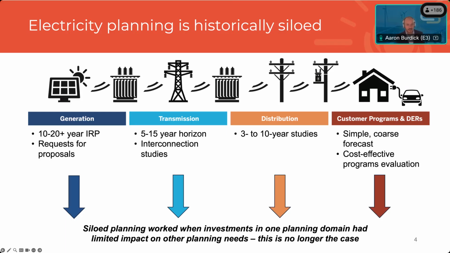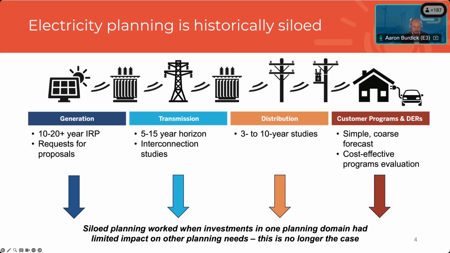I will say not all planning has been as siloed as shown here. There have been efforts. For instance, we have integrated resource planning, which was intended to bring more of the DERs and DSM opportunities into the generation planning process. But for the most part, we've had this siloed approach.